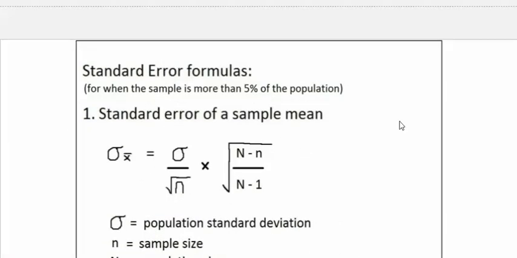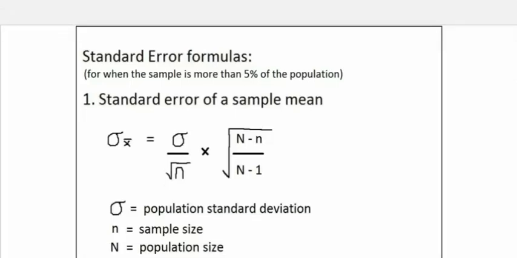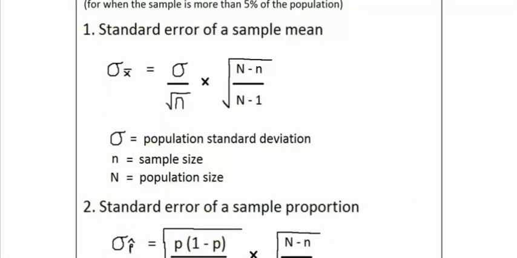So when the sample is more than 5% of the population, when the sample takes up more than 5% of the population, you take the same formula, but you add this, you include this extra piece right here, which is the square root of capital N minus little n, over capital N minus 1.